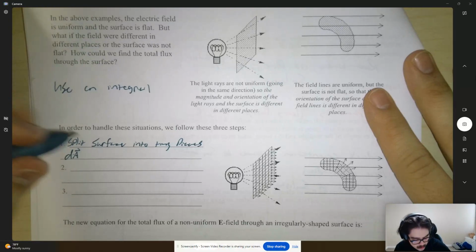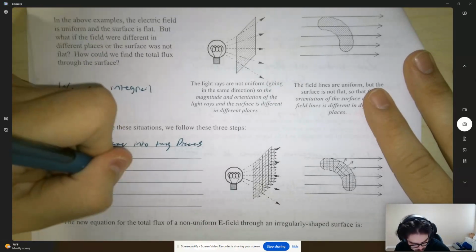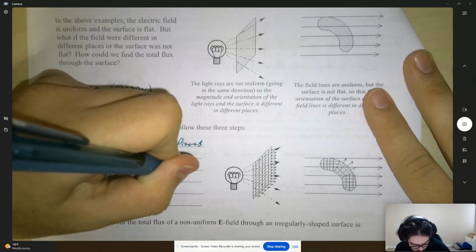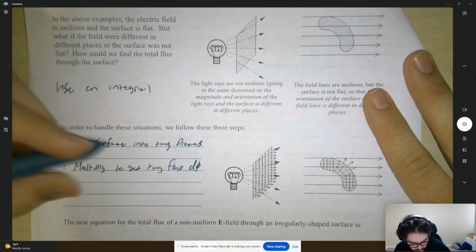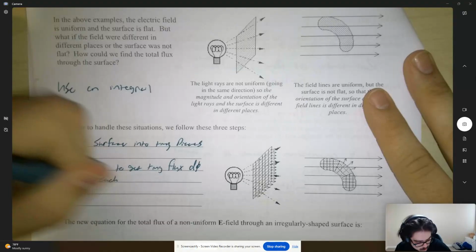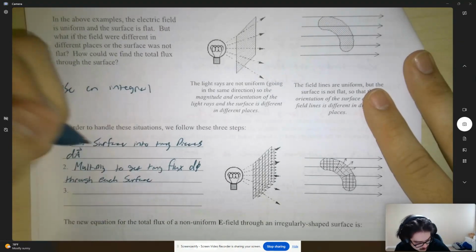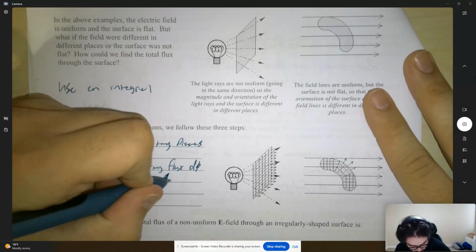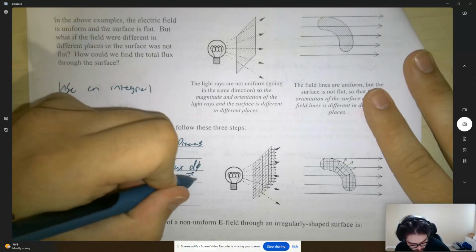Multiply, to get the tiny flux, d phi, through each surface. So I could do d phi equals electric field dot dA.